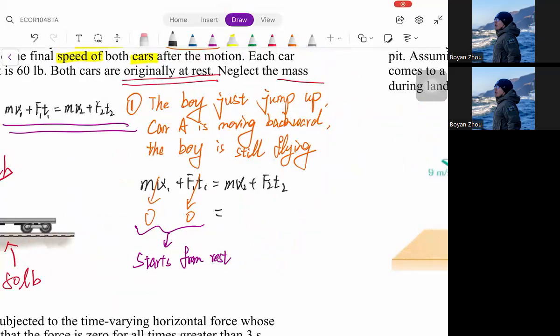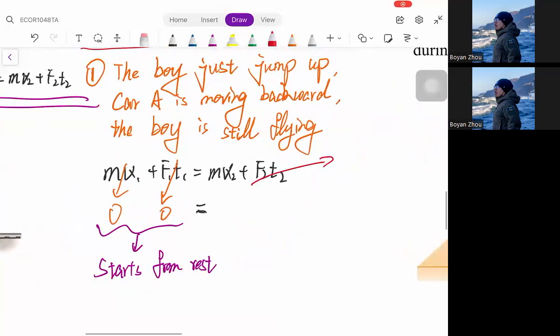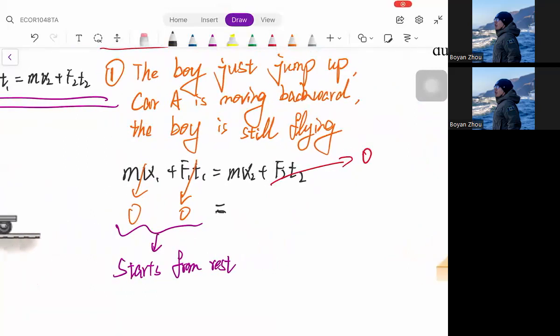The impulse at the second moment also goes to 0, since no force is applied to anything. The only thing we have is the momentum.